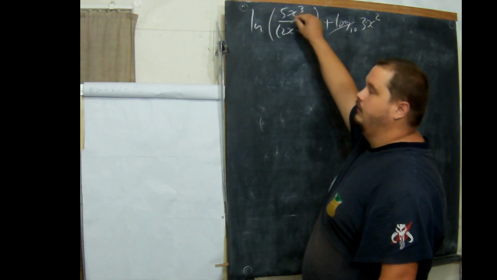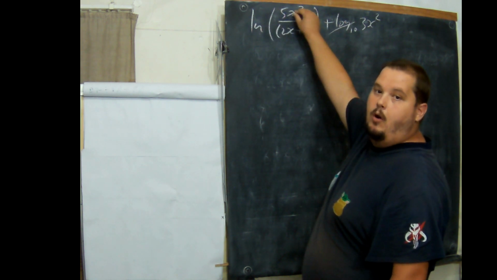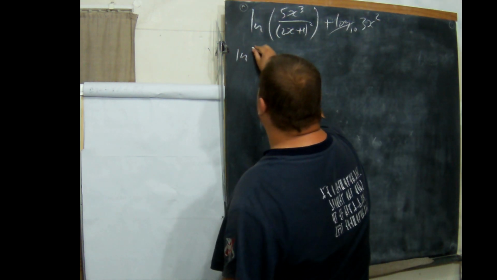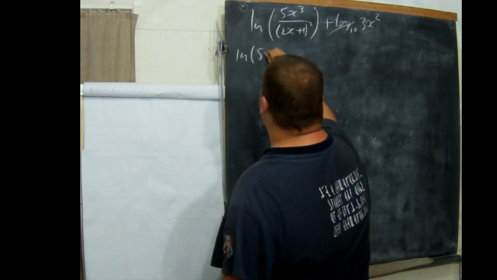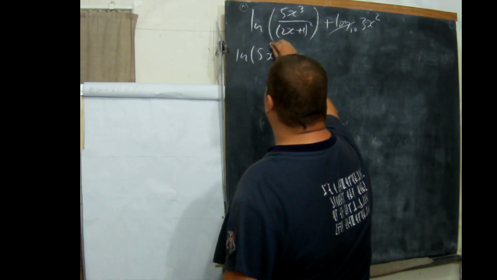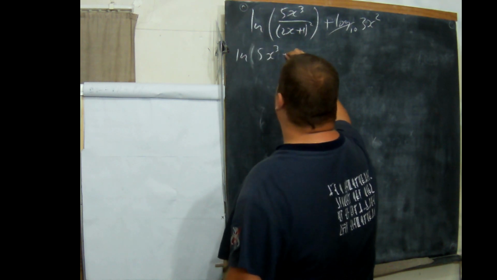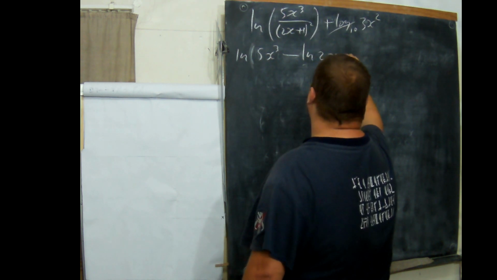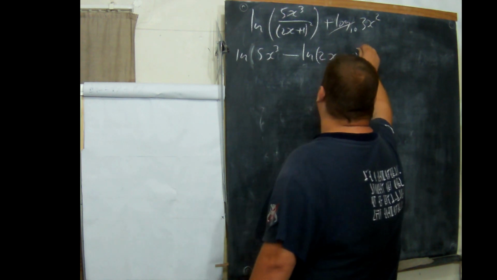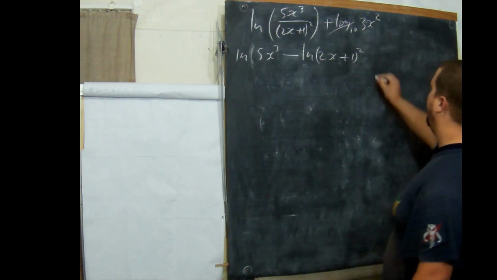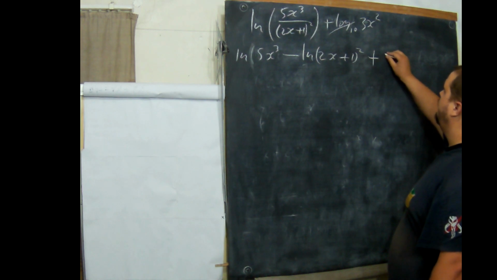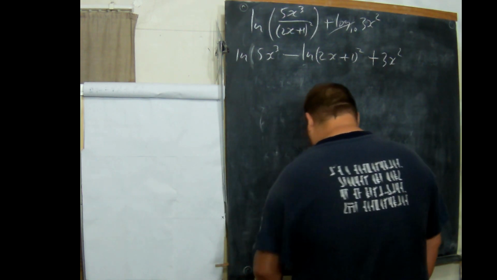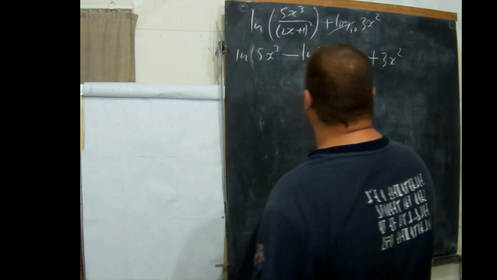And when you're dividing logs, you subtract them. So it is ln 5x cubed minus ln (2x plus 1) squared plus 3x squared.